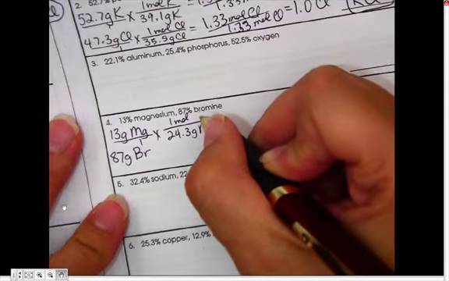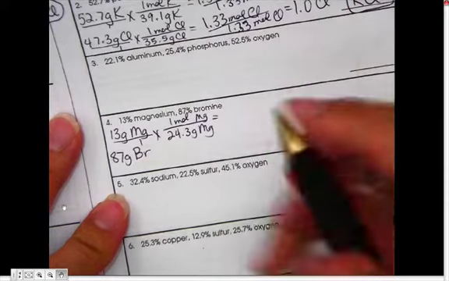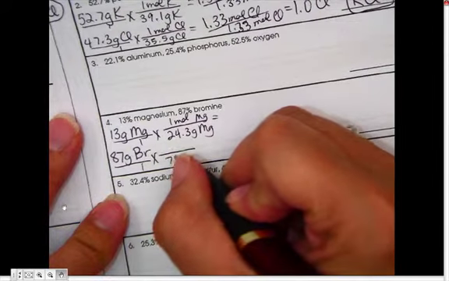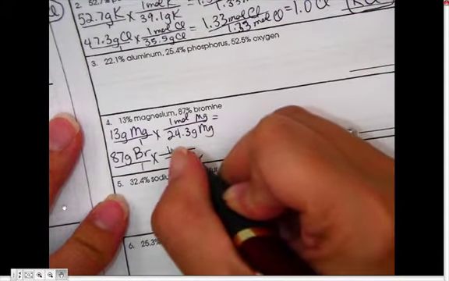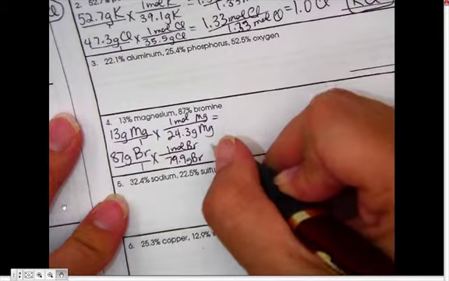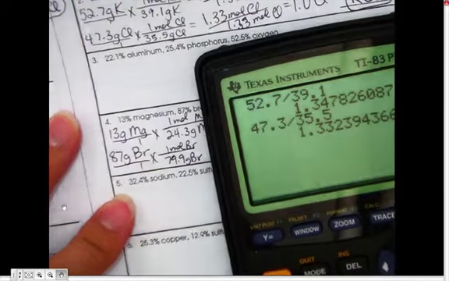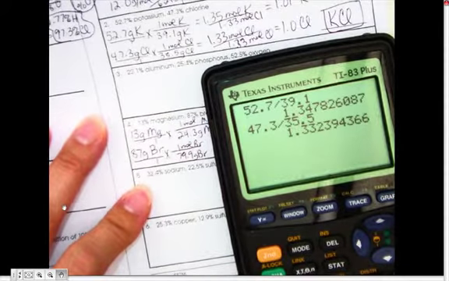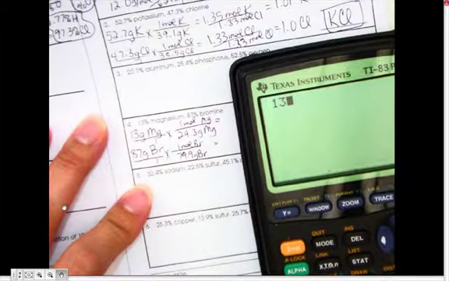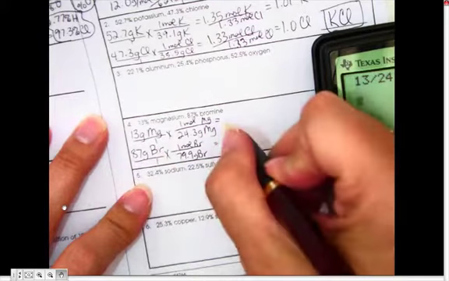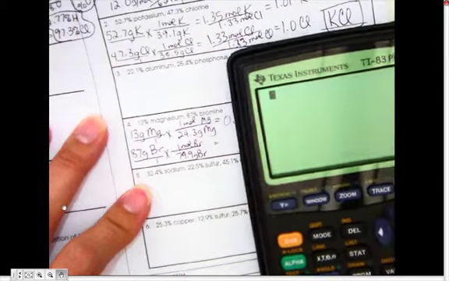Magnesium is 24.3 and the bromine is 79.9. 13 divided by 24.3 is 0.535.